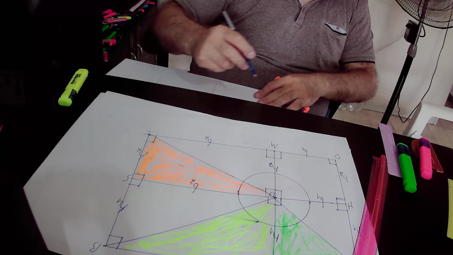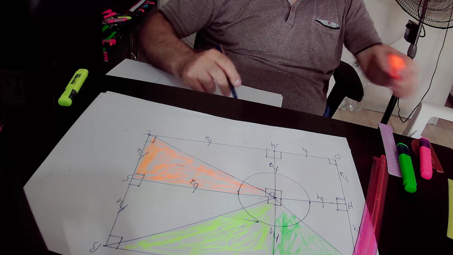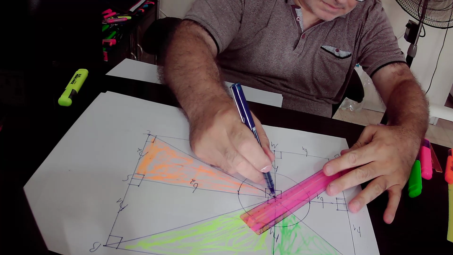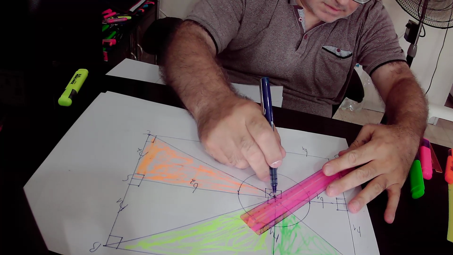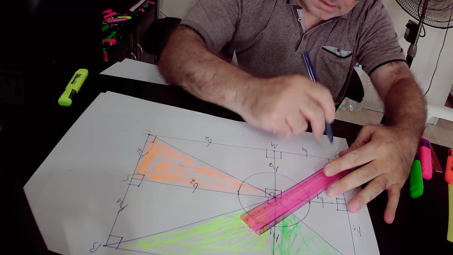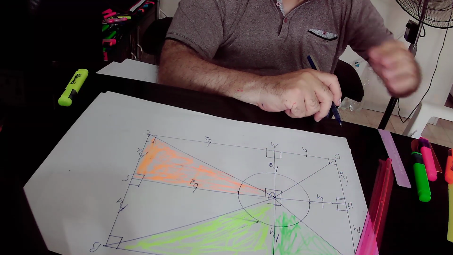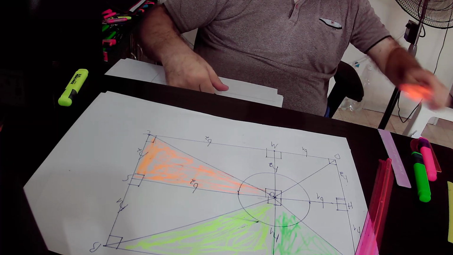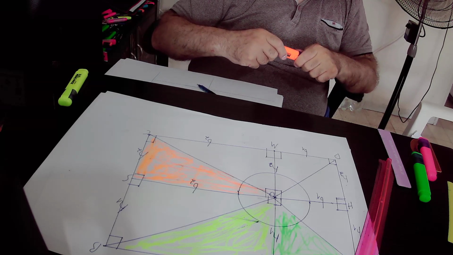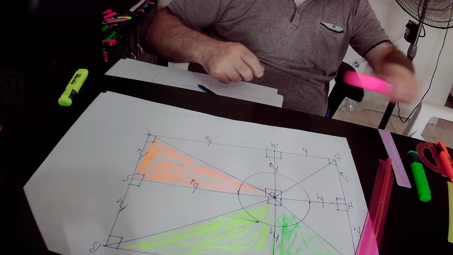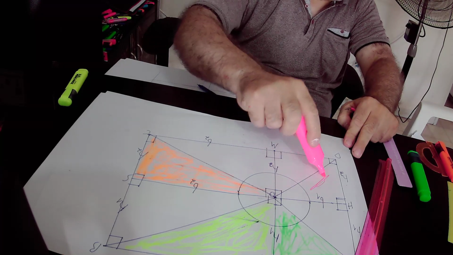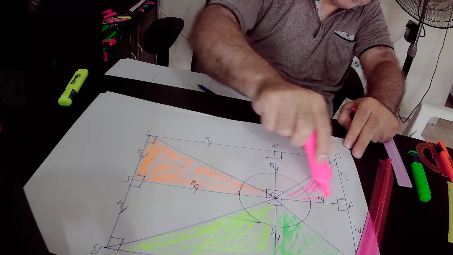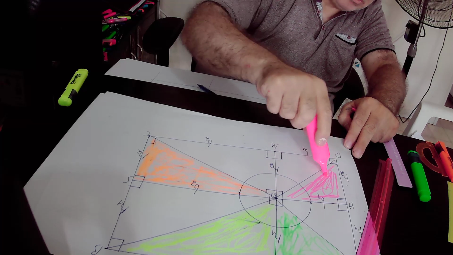And finally, we join points O and D together by a straight line. And we'll focus on the pink right triangle HDO.